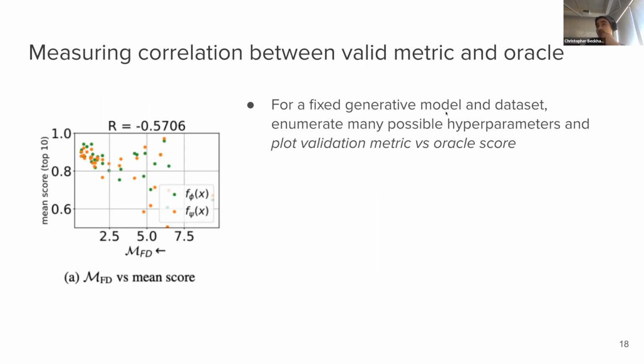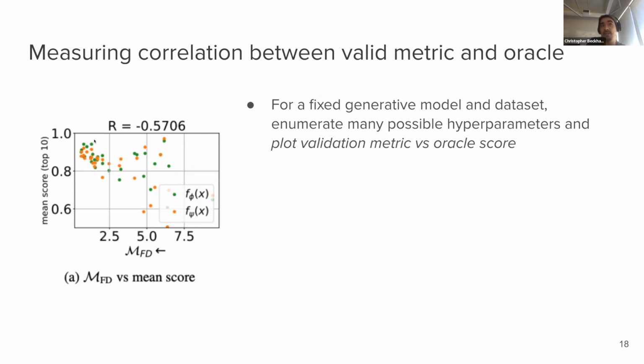For a fixed generative model and data set, you could enumerate many possible hyperparameters and then plot the validation metric versus the actual Oracle score. This was an example I did for a GAN, using the Fréchet Inception Distance, which is a popular metric used in GANs. Just ignore the green points; the orange points correspond to the ground truth oracle.